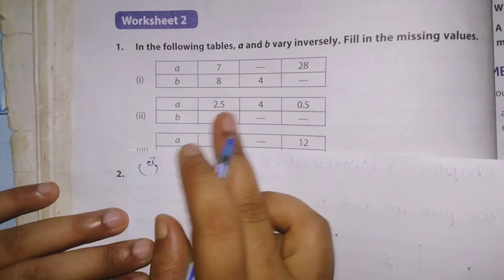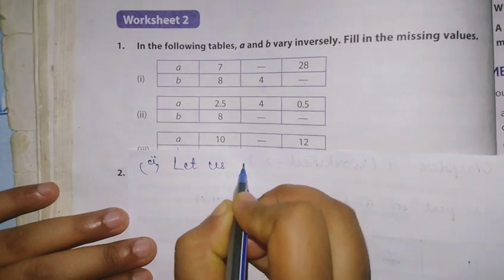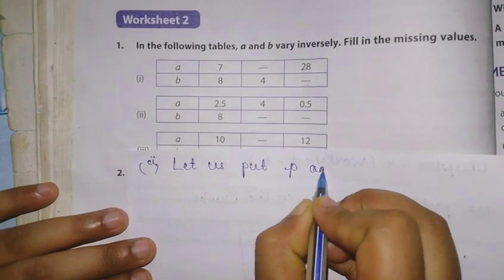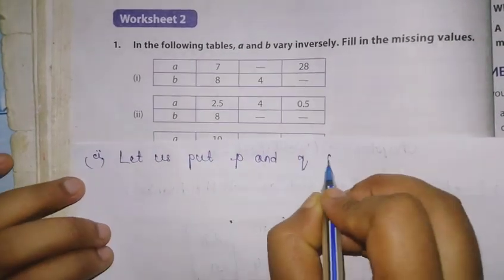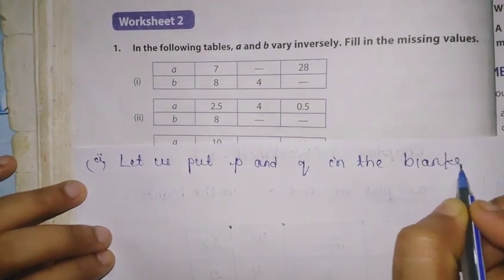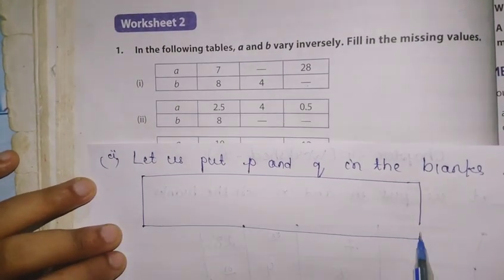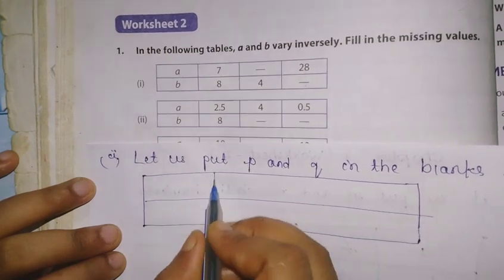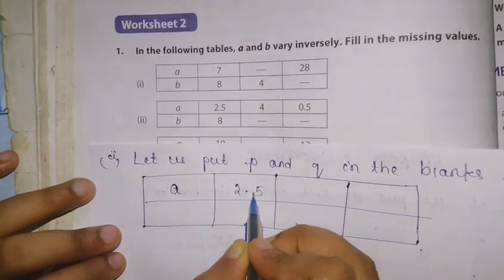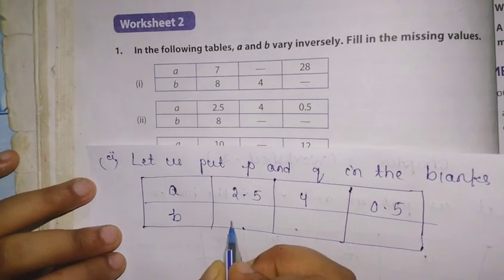Let us put P and Q in the blanks. The values are 2.5, then 4, then 0.5, then 8.